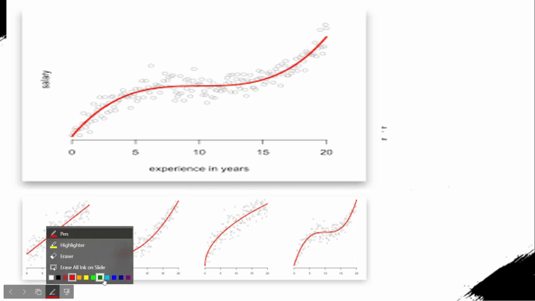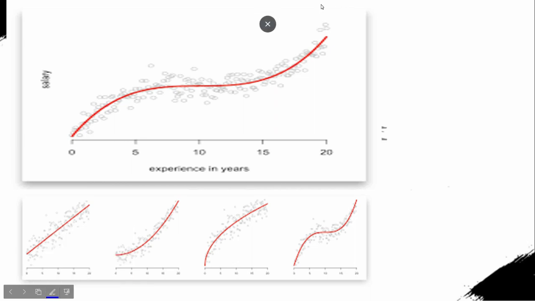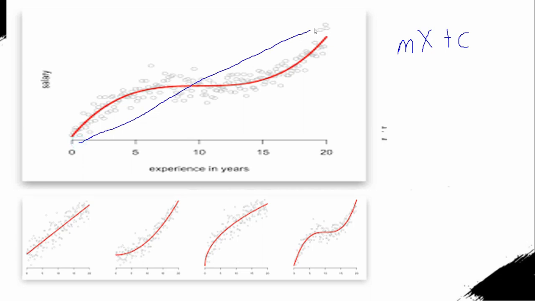Now in this case, if you apply only a simple linear function, for example mx plus c, you would get somewhat this graph. But you are not exactly predicting, because for these points you are having large errors.